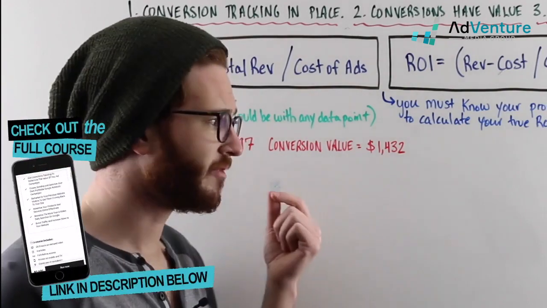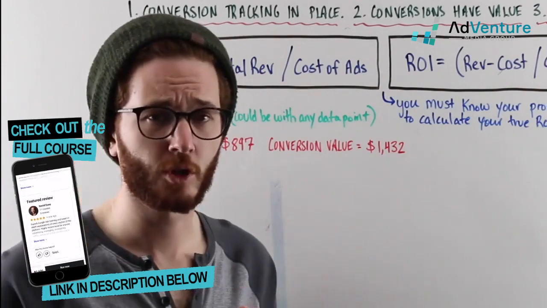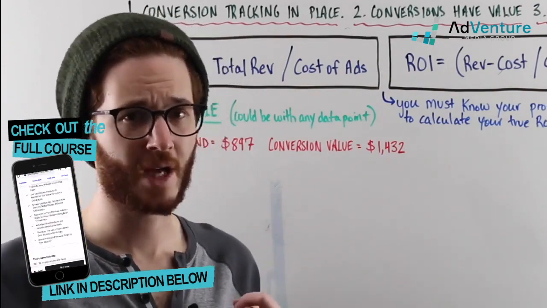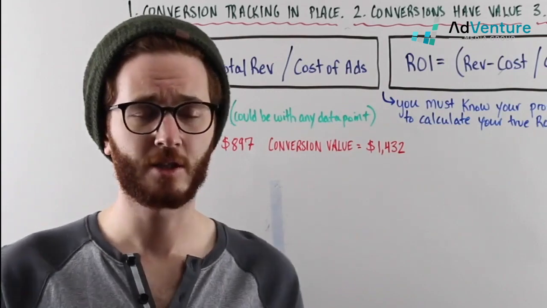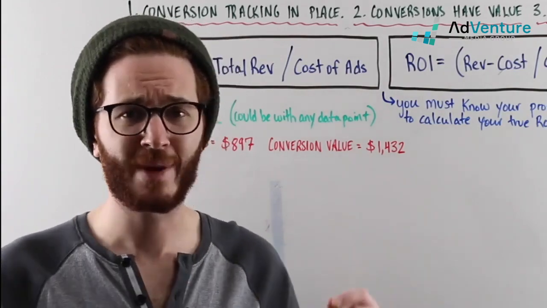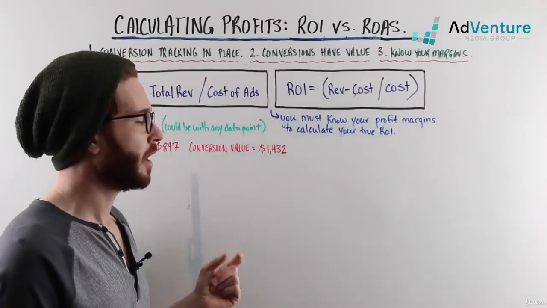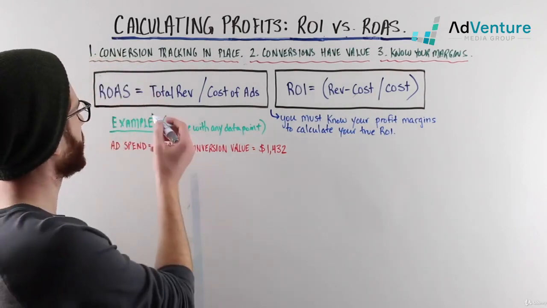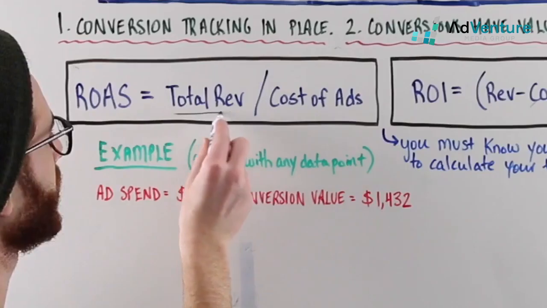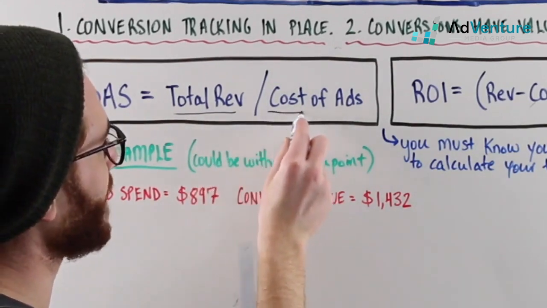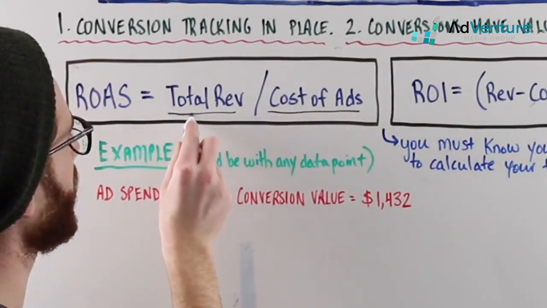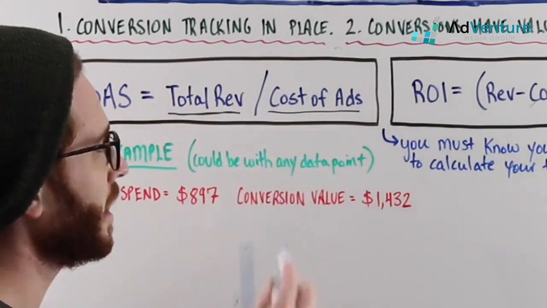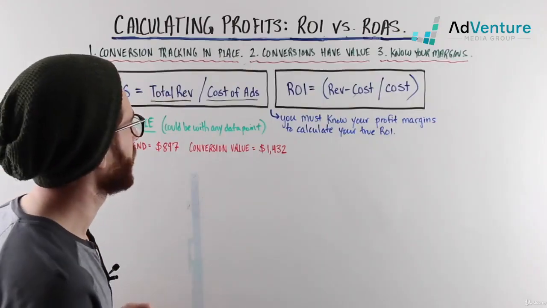Then your value per conversion, your profit per conversion is really only $50 and not $100. But ROAS does not take that into account. Return on ad spend simply looks at your return, the total revenue that you made divided by the cost of advertising. And total revenue here refers to the total value of those conversions, not necessarily the profit.